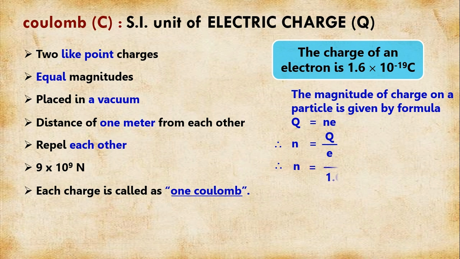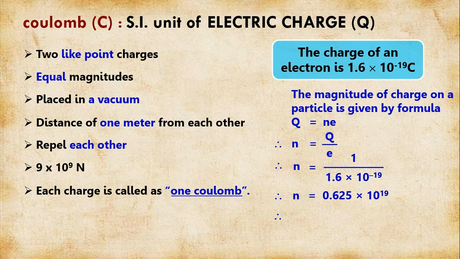For one coulomb, with the charge of an electron being 1.6 into 10 power minus 19, N is equal to 1 by 1.6, which is 0.625, into 10 power 19.